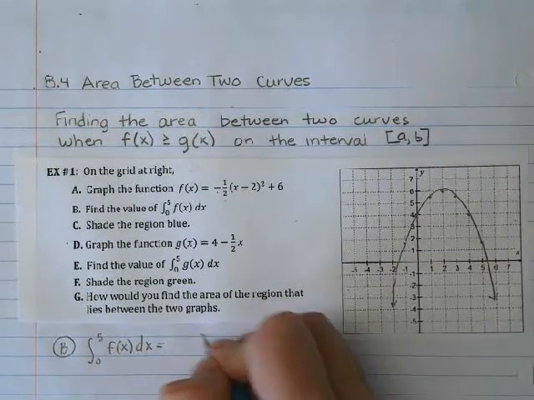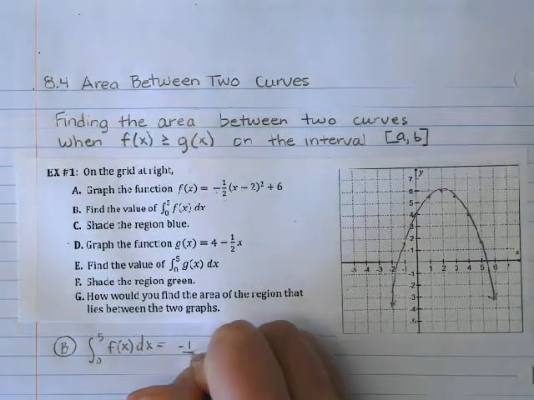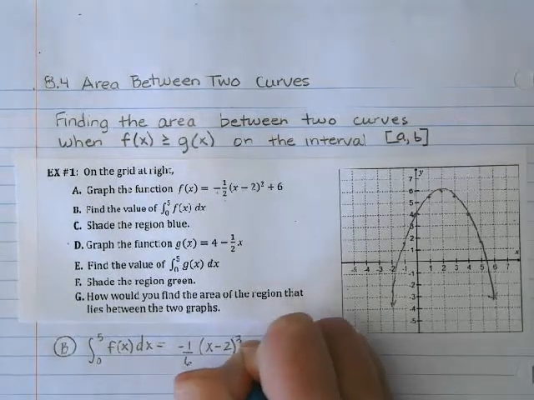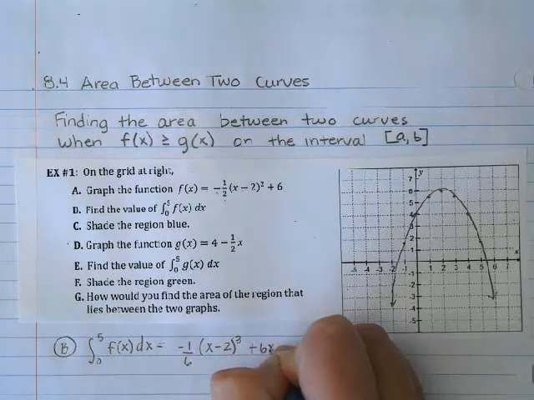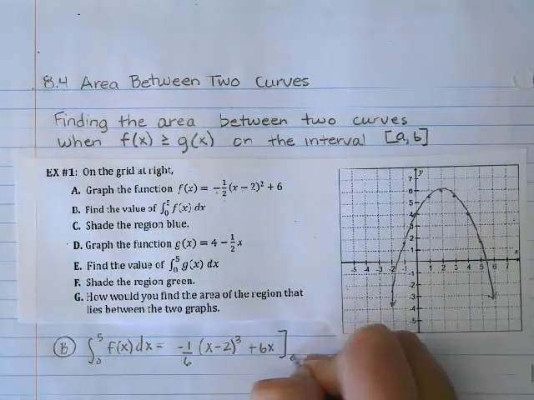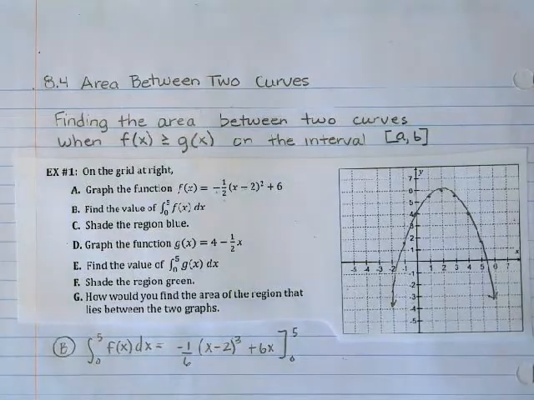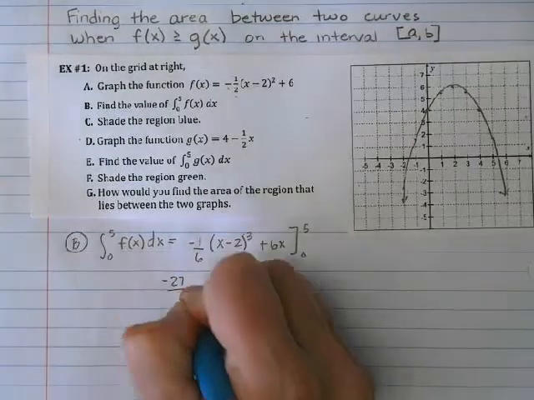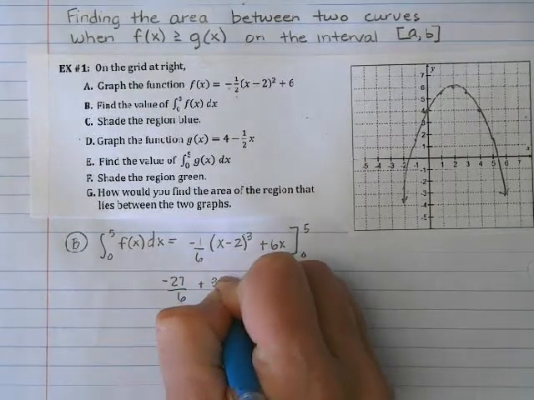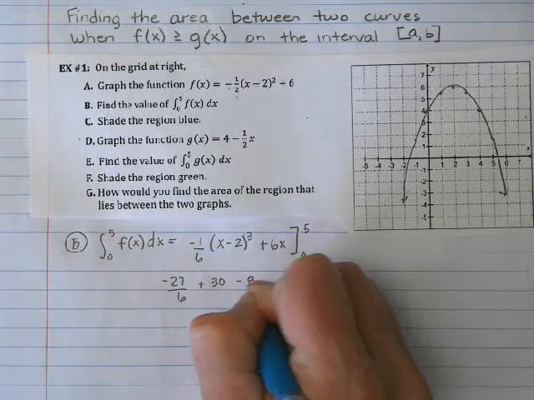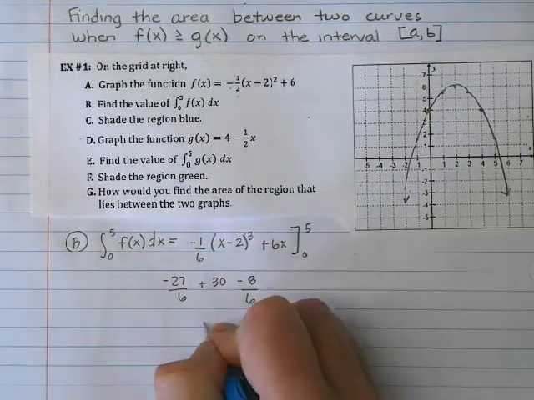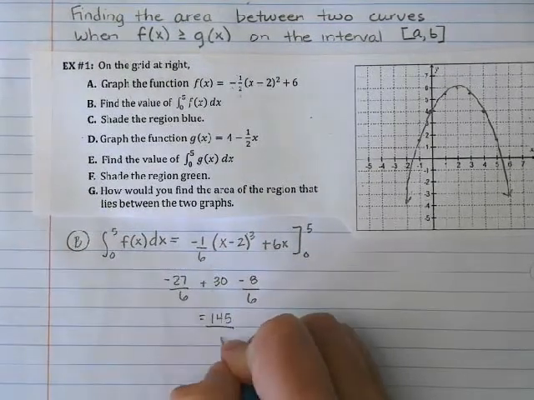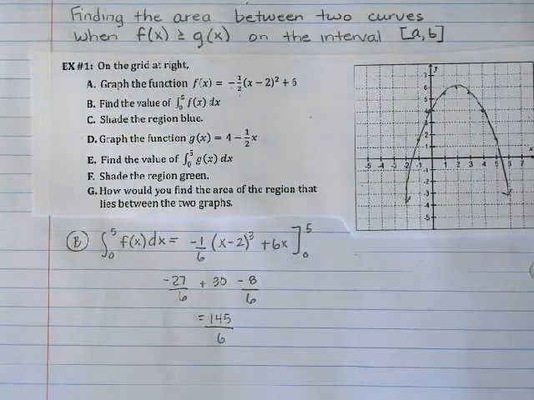Okay, so this is going to be negative 1/6 (x minus 2) cubed plus 6x from 0 to 5. Okay, and then I got negative 27/6 plus 30. And that is my area.